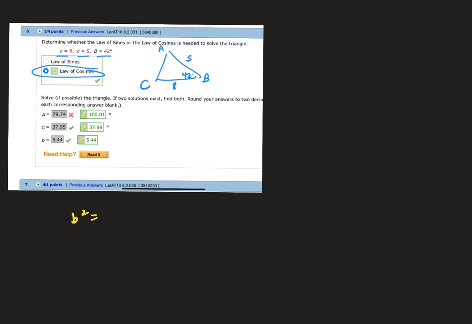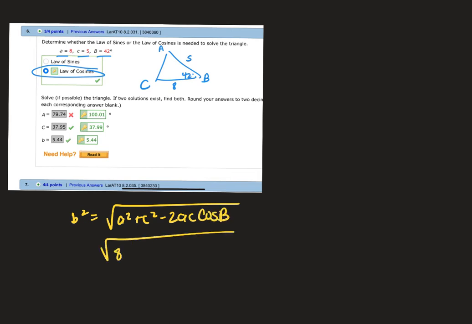So B squared equals A squared plus C squared minus 2AC cosine B. So B equals the square root of 8 squared plus 5 squared minus 2 times A times C times the cosine of angle B, which is 42. Second, square root, 8 squared plus 5 squared minus 2 times 8 times 5 times the cosine of 42.